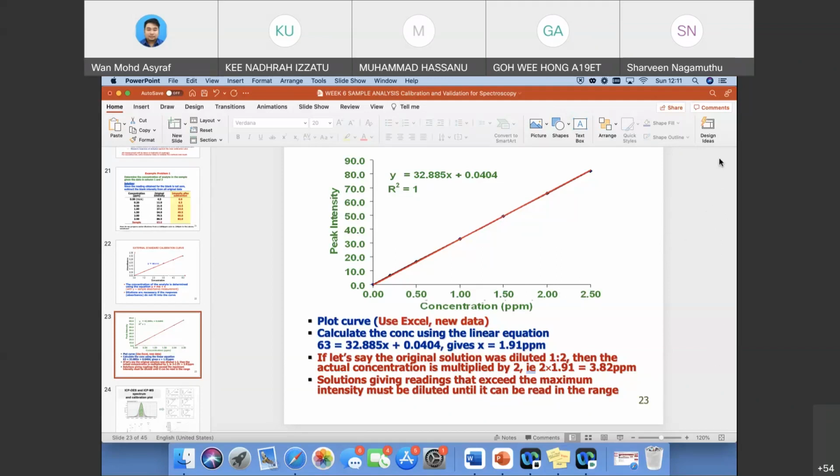Means that your response for your unknown is in the dynamic range, which is outside of your linear range.